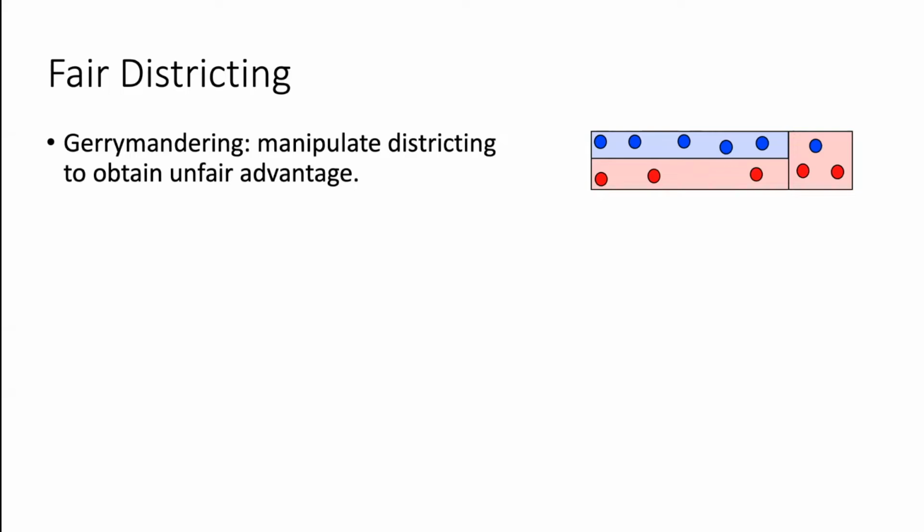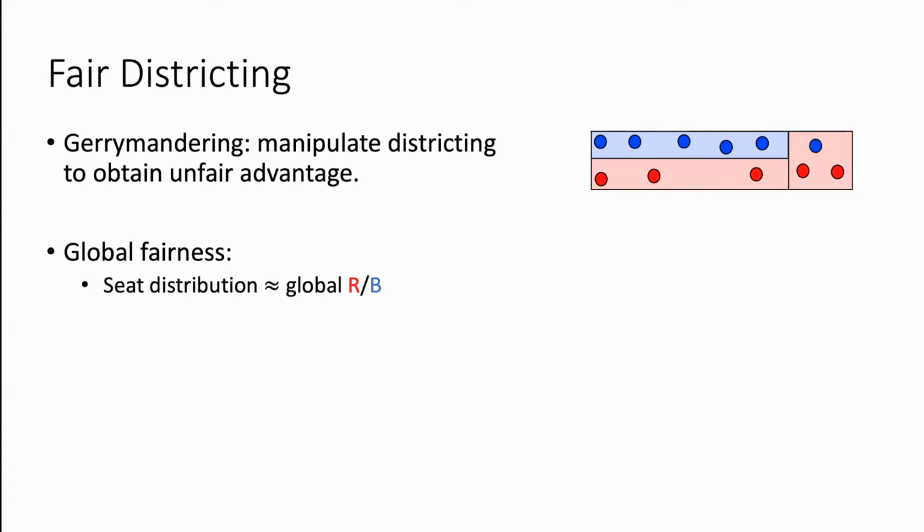Gerrymandering is the general term used to denote districting processes where people try to manipulate things or create districts which give one party an advantage. One metric one could use is what is called global fairness, which is you want the fraction of seats or regions that have a certain color to be roughly equal to the fraction of individuals of that color in the population.